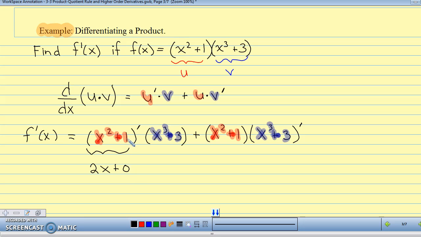The derivative of a constant, 1, is 0. Here we leave this one alone, x cubed plus 3. Then we leave x squared plus 1 alone. And here we're going to do the same thing. We're going to bring the 3 to the front, use the power rule, and subtract 1 from that 3 to make it squared, plus the 0, because the derivative of 3 is 0.